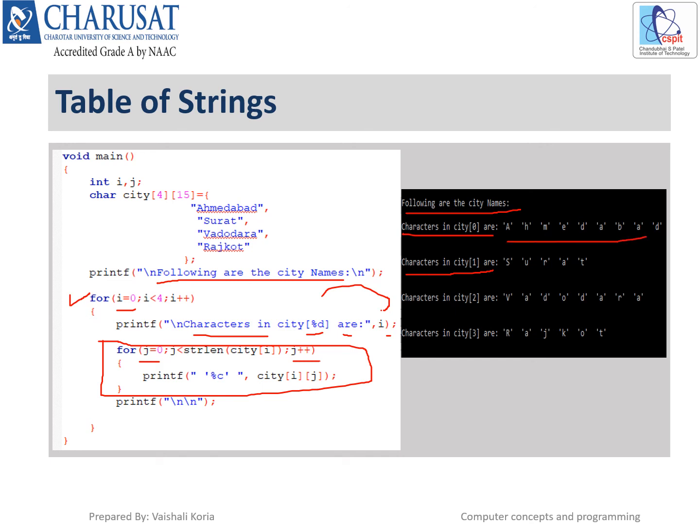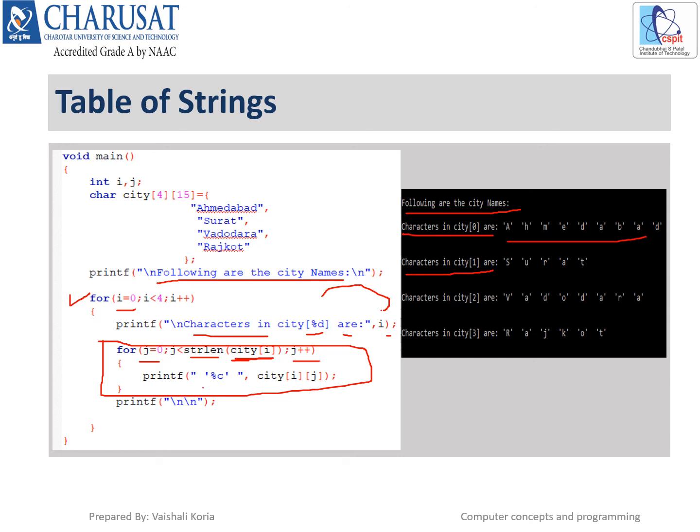That will depend on the number of characters in this string, and the number of characters can be found using the strlen function. So j would start with 0, and it will execute up to the length of the name which is stored in city[i]. When i is equal to 0, this for loop will be executed up to the length of Ahmedabad.